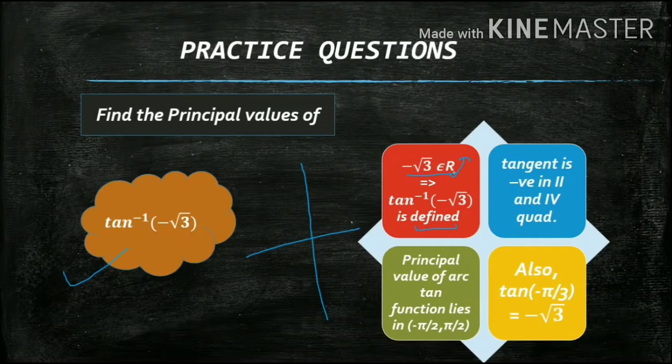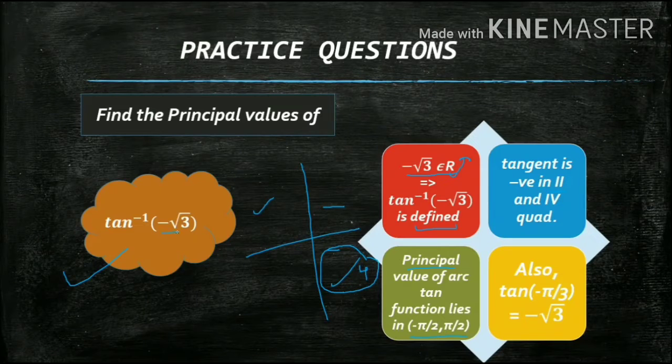Now the second step. The tan function is negative in the second and the fourth quadrant. Now principal value. For the arc tan function, the principal value is the open interval minus pi by 2 comma pi by 2, which is the first and the fourth quadrant. So the common quadrant is fourth.